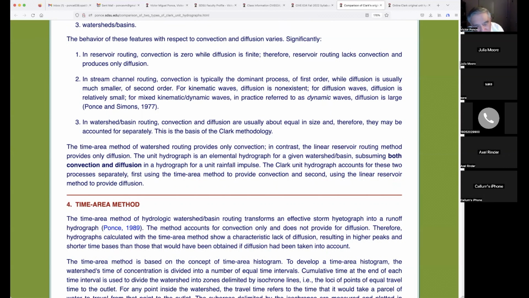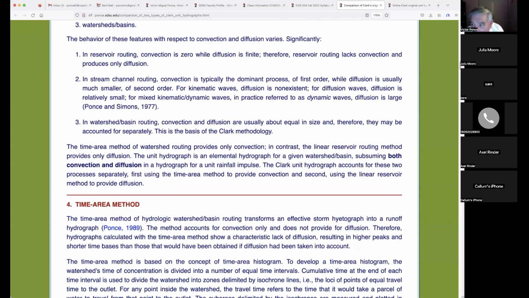Although there are references in the literature that say that Kuchling didn't do it, and that Mulvaney and others 20, 30 years later did it. Credit aside, Kuchling is widely considered, 1889. So since 1889, we have had a rational way of calculating convection, but not diffusion.